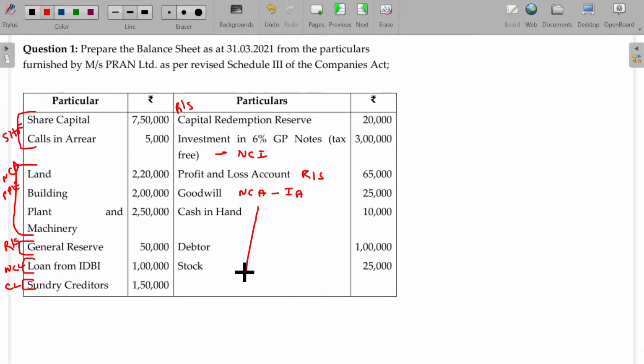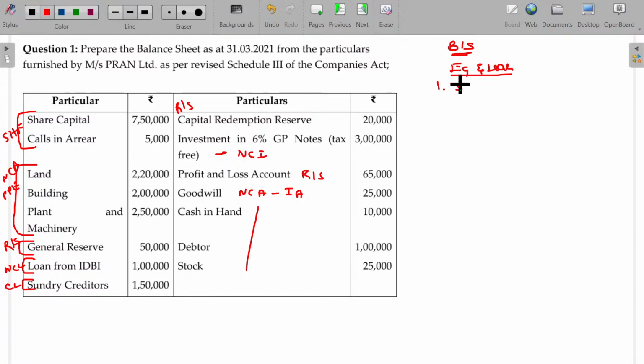So now we prepare what? Balance sheet, equity and liabilities. Come on, join with me to solve this balance sheet. See, if you are asked to prepare the balance sheet, you can prepare just like that, but you need to follow the structure here, that's all. Okay, equity and liabilities.